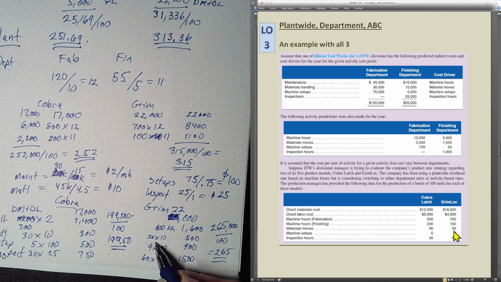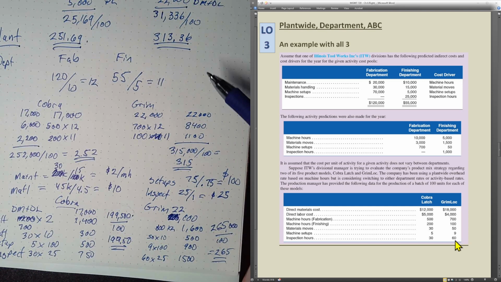We said 15 moves times $10 a move is 150. 9 machine setups times $100 apiece is 900. 60 inspection hours times $25 is 1,500. So that came to a total of $265,000 of cost divided by 100 says it's $265. And even that is $50 again, a $50 difference.